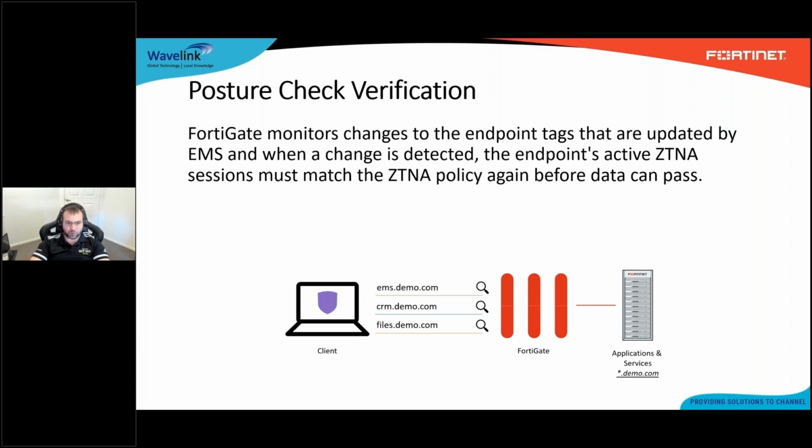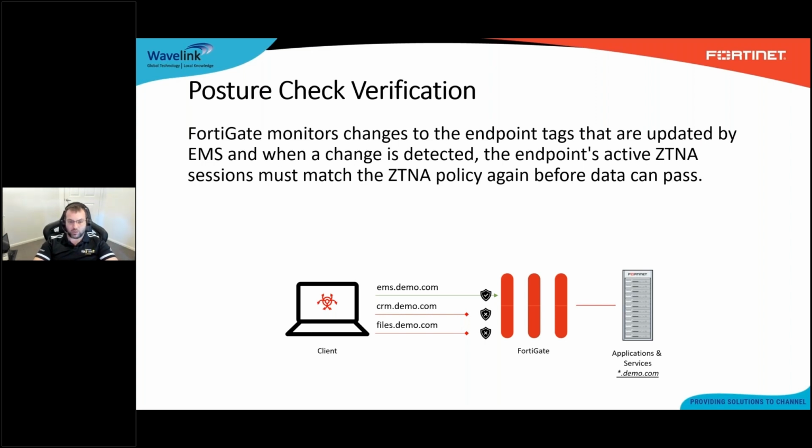The FortiGate monitors changes to the endpoint tags that are updated by EMS. And when a change is detected, the endpoint's active ZTNA sessions must match the ZTNA policy again before data can pass. So every time you access a new website, in this instance ems.demo.com, there's a check that happens. The user then accessed crm.demo.com.